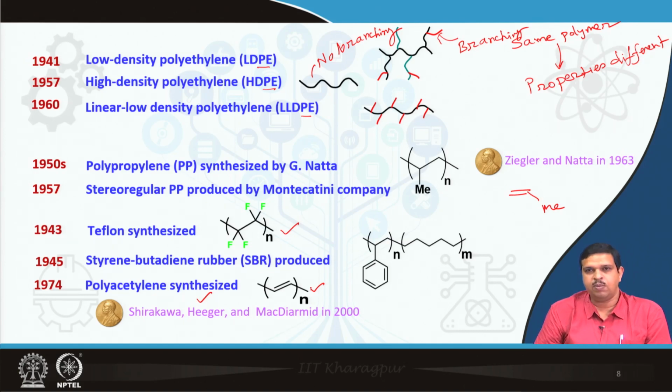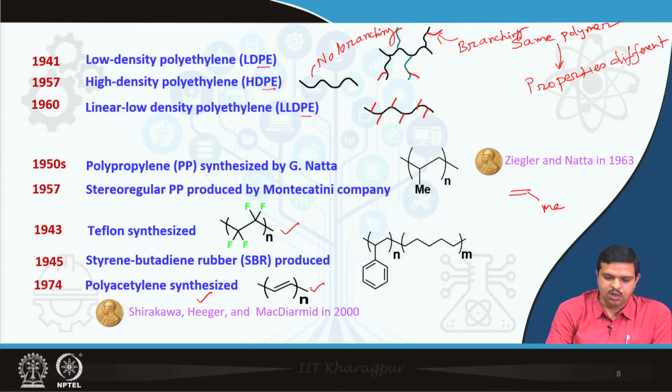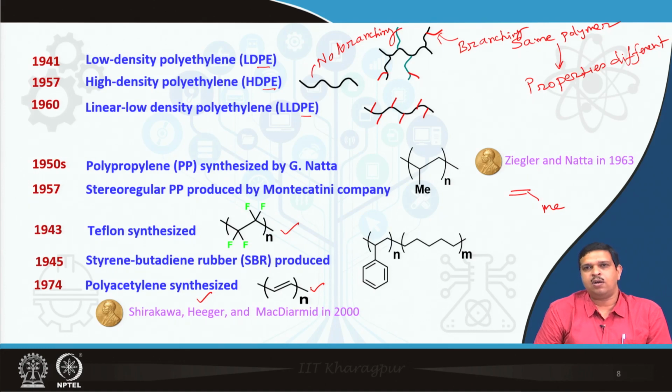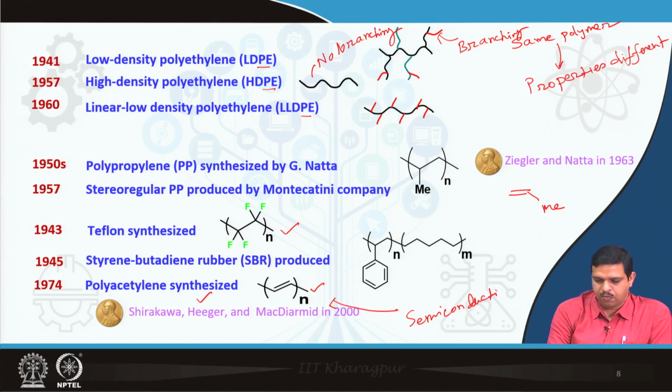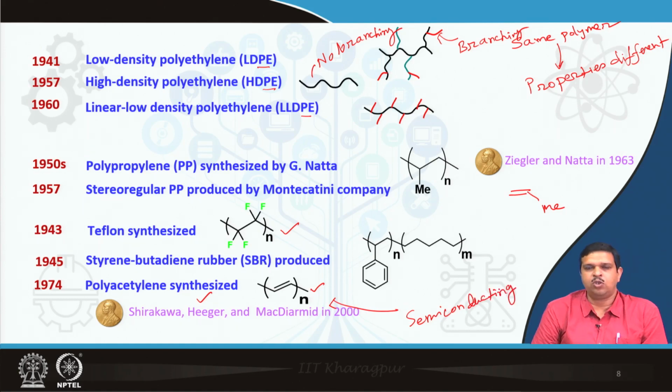That is one of the remarkable and pioneering discoveries in polymer chemistry, that not all polymers are basically electrically insulating. Some of the polymers, if you design them, can also conduct electricity. Okay. So, these are actually semiconducting in nature. That is one of the very fascinating properties of polymers.